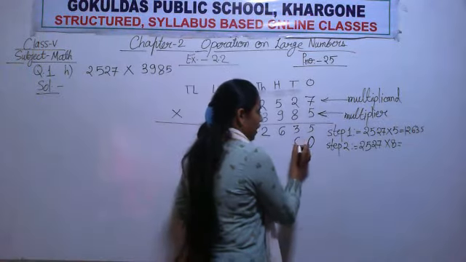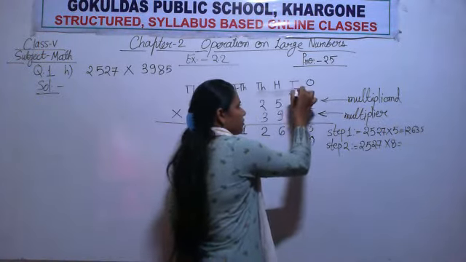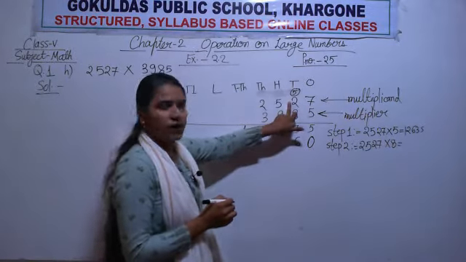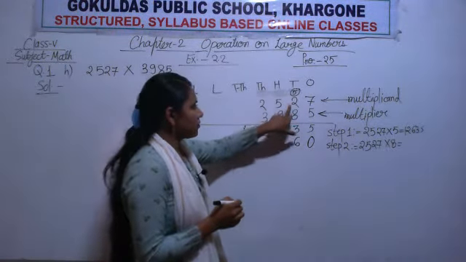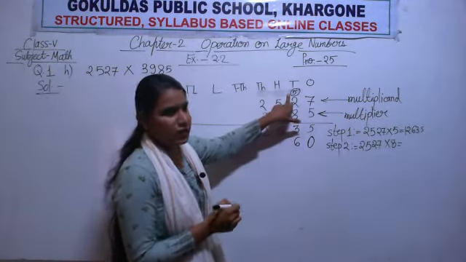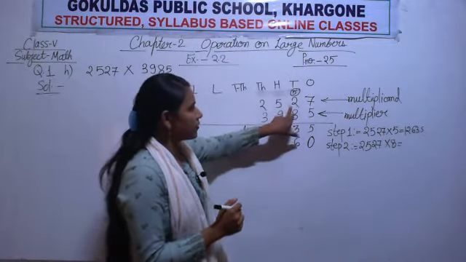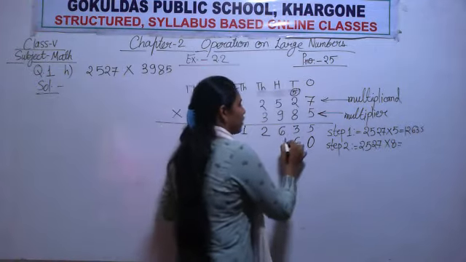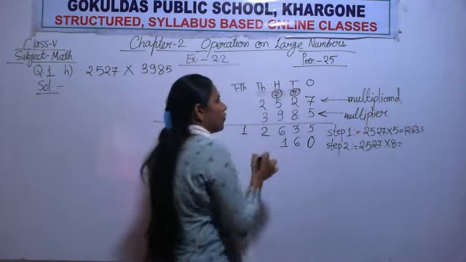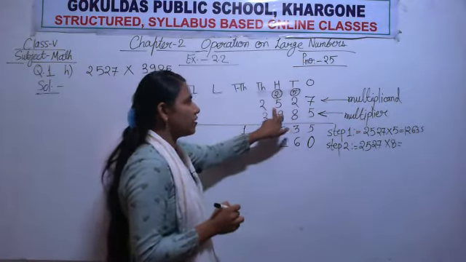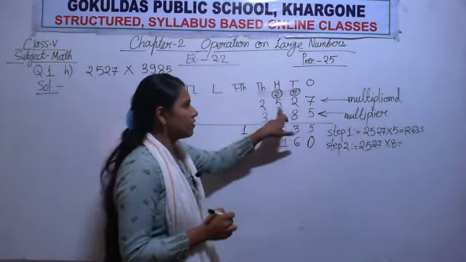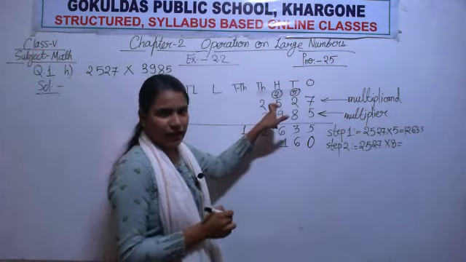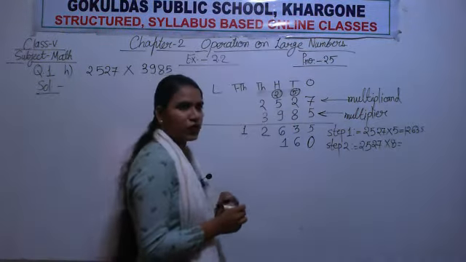8 sevens are 56. So 6 here, 5 is carried forward. Now multiply this 8 with the 2. 8 twos are 16. 16 plus 5, as 5 is the carry here, 21. So you will write 1 over here, and 2 is carried forward. Now multiply this 8 with the digit 5. 8 fives are 40. 40 plus 2 is 42.